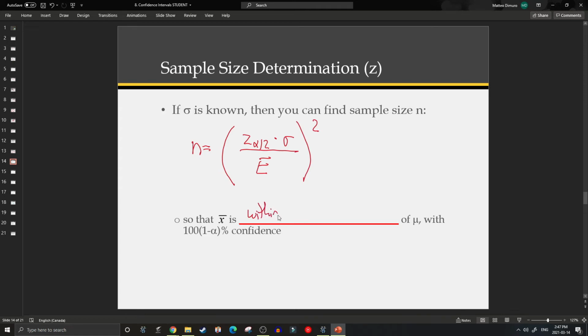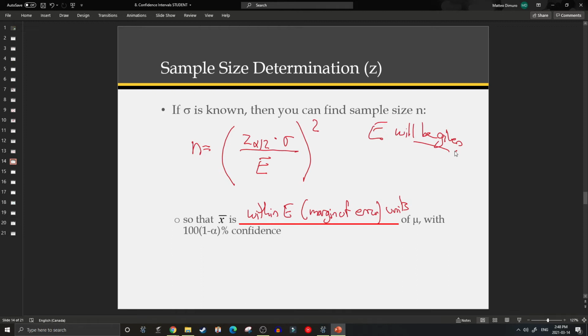This is so that X bar is within E, which is called the margin of error, units of mu with 100 times 1 minus alpha percent confidence. So E will be given.